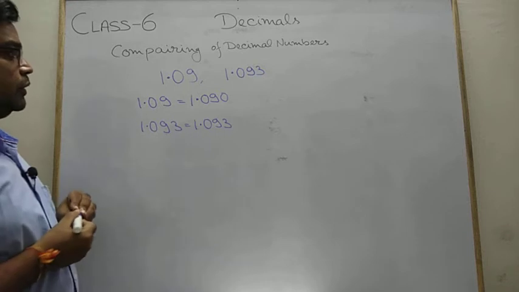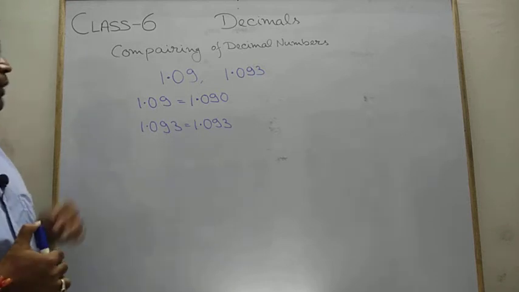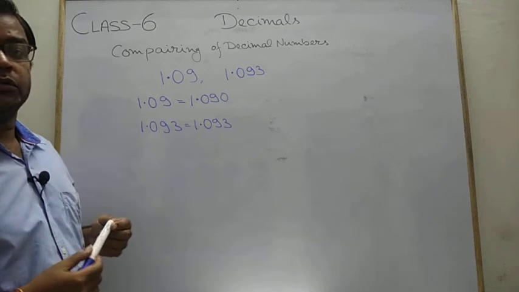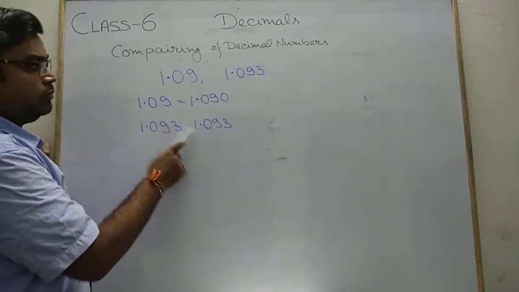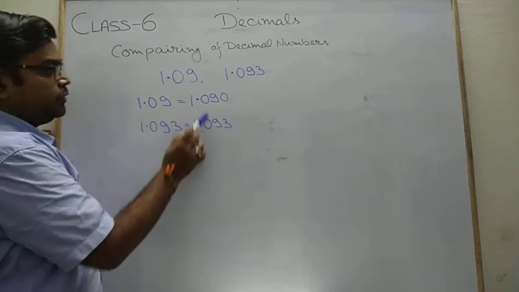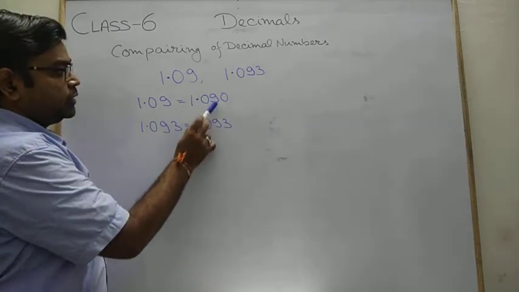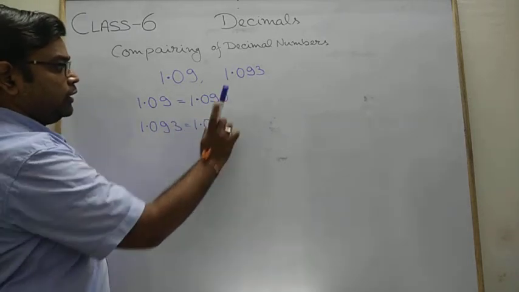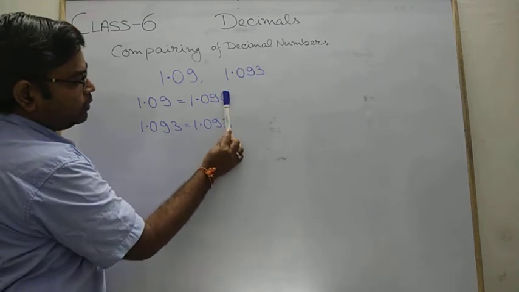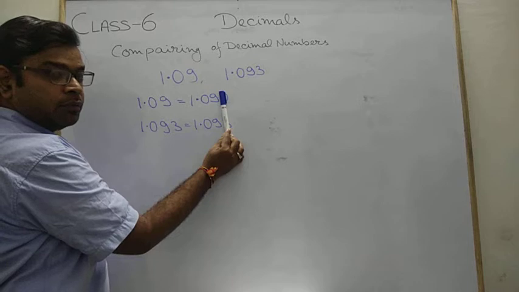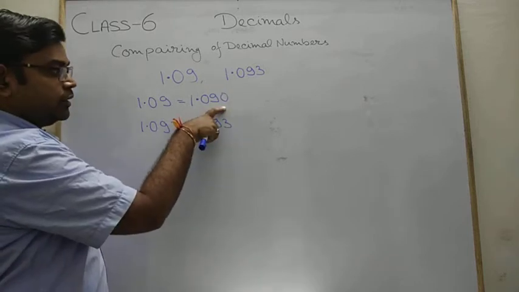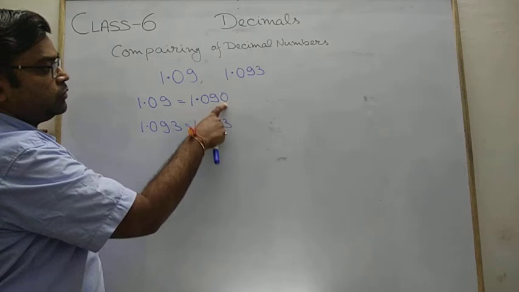From this, now we are going to compare from left hand side to right hand side. Here both digits are the same, leave it. Then we have the decimal, same, then 0 after the decimal, the first digit is 0, the second digit 9. So till this, both the numbers are equal, same. But when we move to the next digit, that is the third digit, what we observe is that here we have 0, here we have 3.